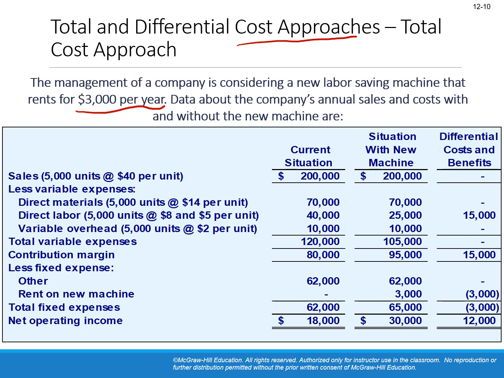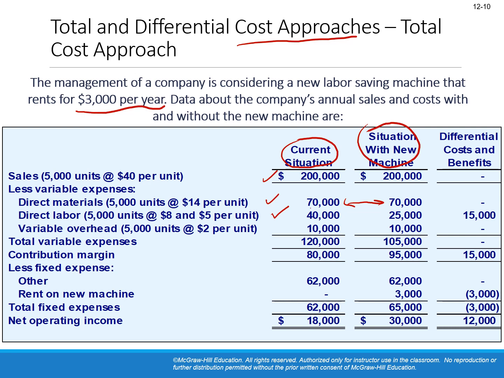Data about the company's annual sales and costs with and without the new machine are given. So the current situation without the machine and the situation with the machine. The sales are the same, direct material is also the same, so it's irrelevant to the decision.